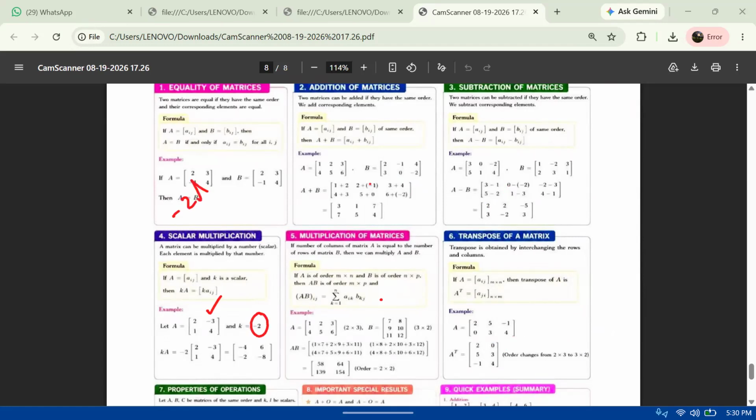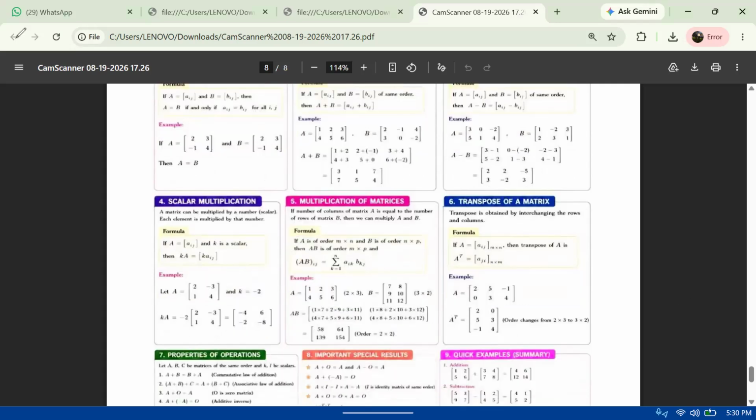You are finding -2A, which means that -2 is multiplied with every element of the matrix. This -2 multiplied with 2 gives you -4. This -2 multiplied with -3 gives you 6, minus minus plus, 6. This -2 multiplied with 1 gives you -2, and this -2 multiplied with 4 gives you -8. So this is the matrix scalar multiplication.